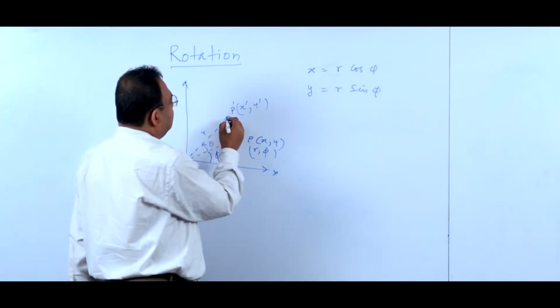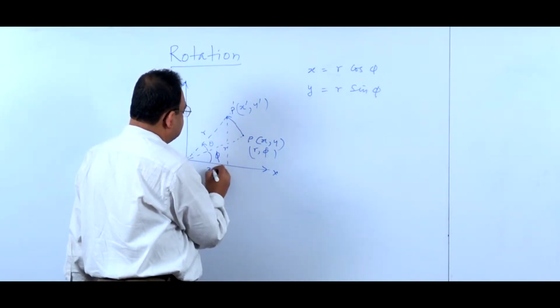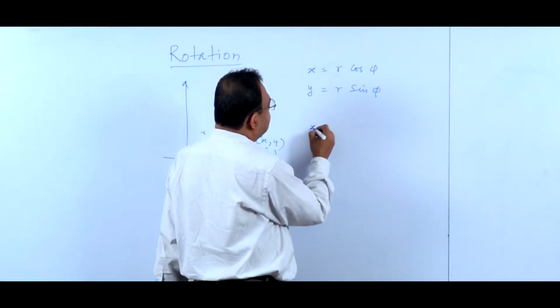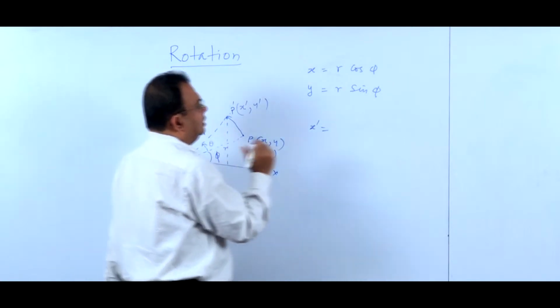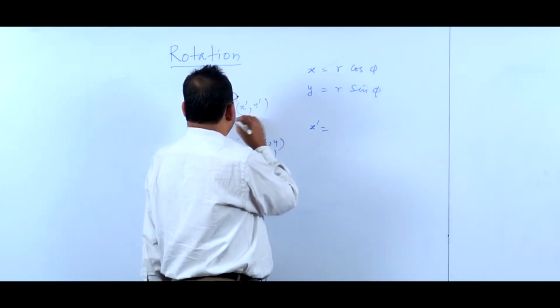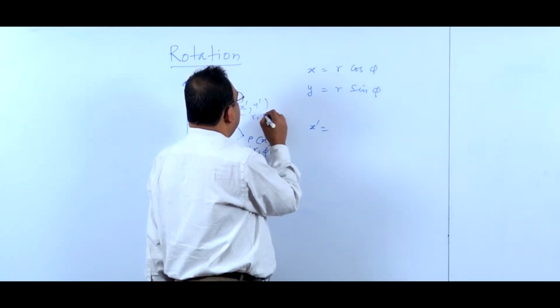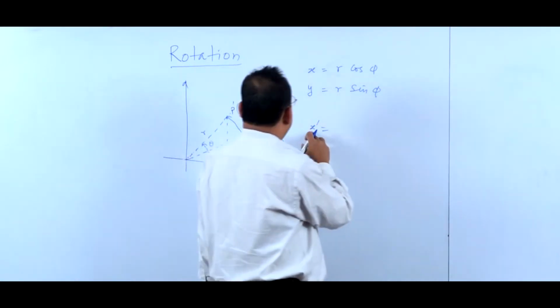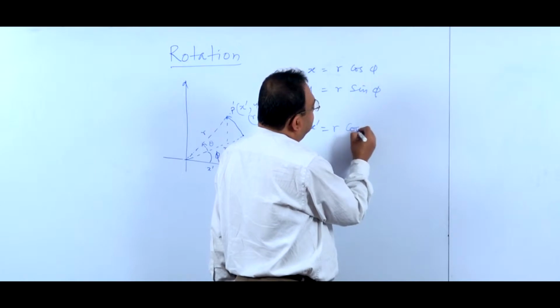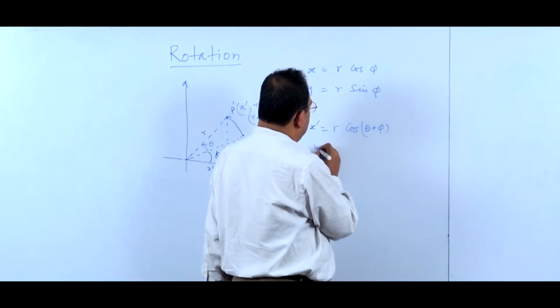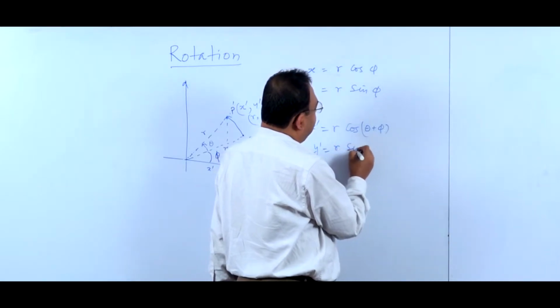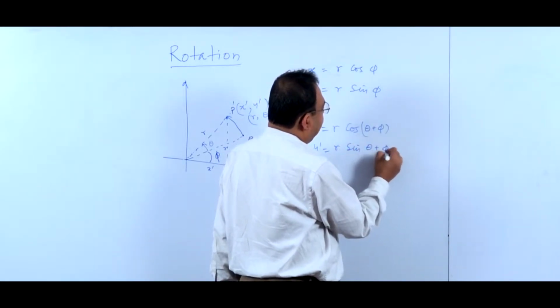So what is x dashed? r is the distance from the origin, and the angle is theta plus phi. So we can write x dash is equal to r cos(theta plus phi) and y dash is equal to r sin(theta plus phi).